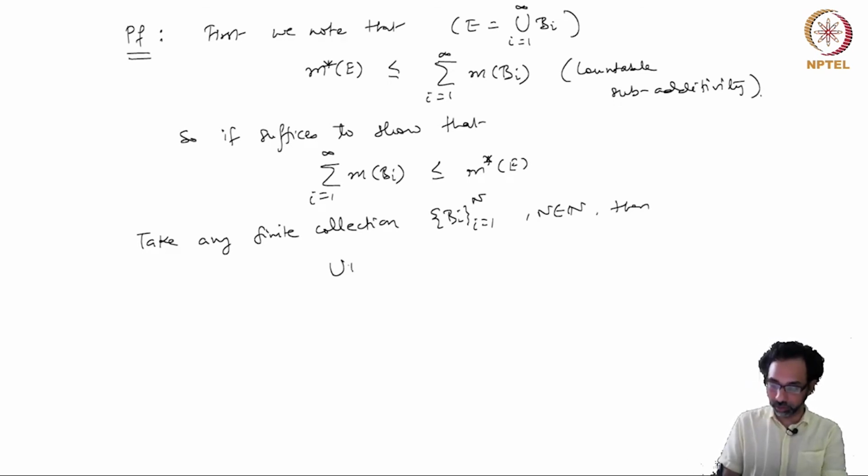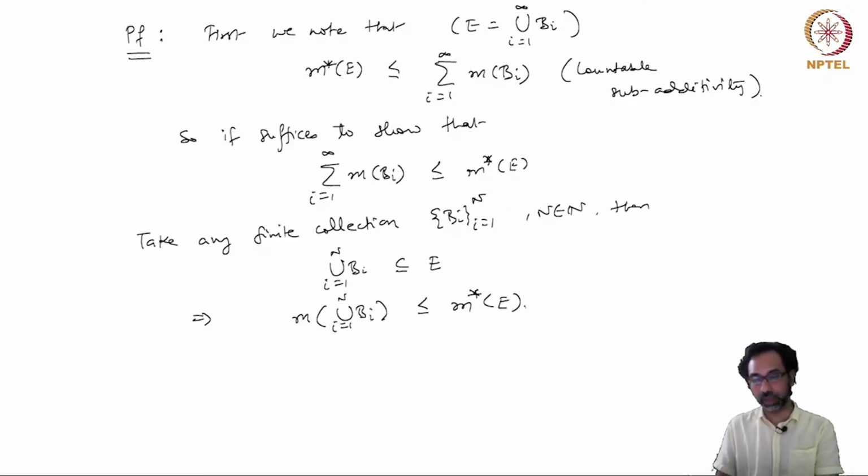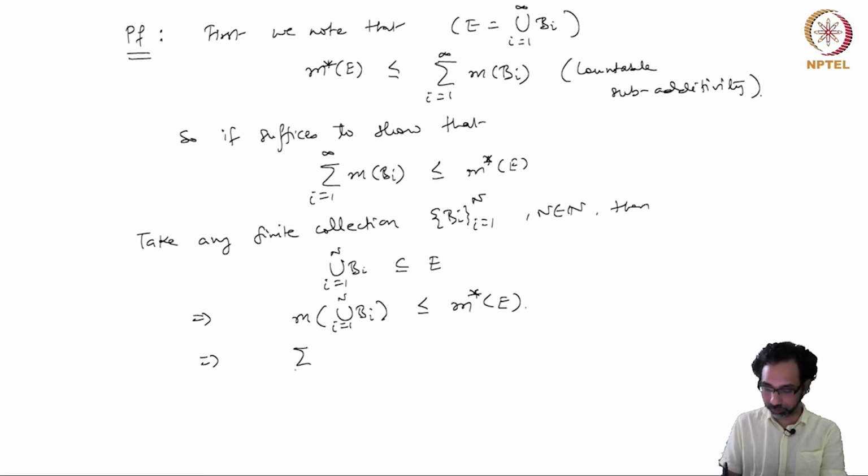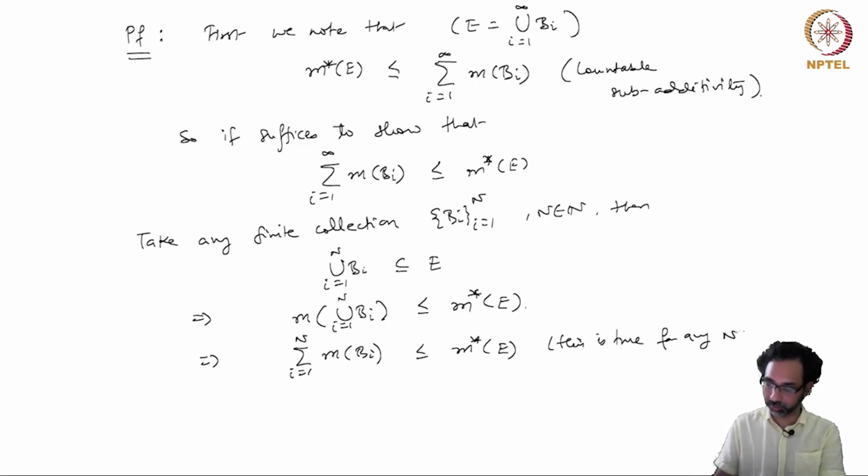Then the union i equal to 1 to N of Bi's sits inside this set E. So by monotonicity, the measure of this set is less than or equal to m star E, but this is the same as the sum i equal to 1 to N of the measure of Bi, which is bounded above by m star of E. This is true for any N in the natural numbers.